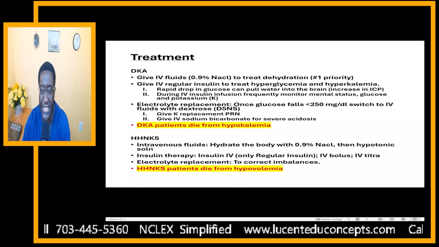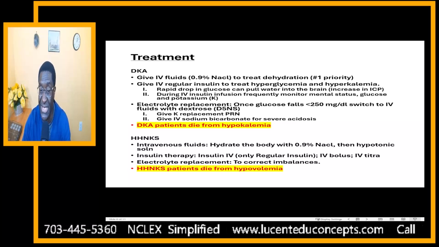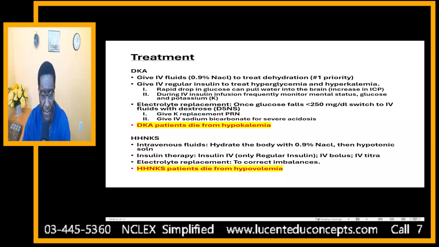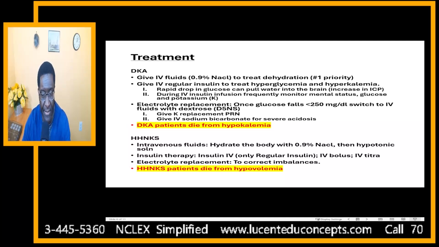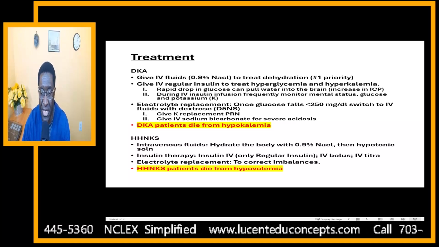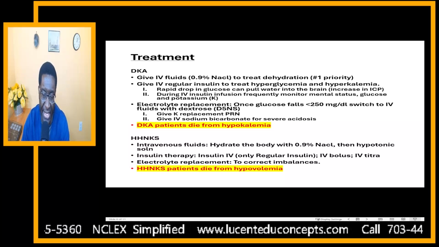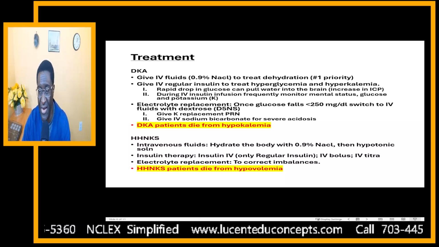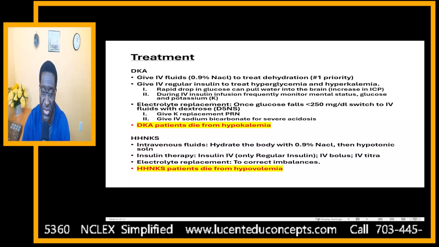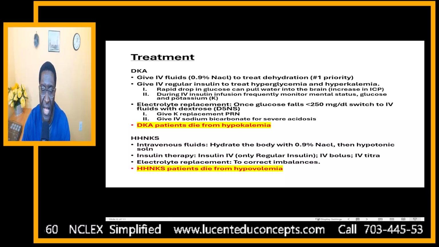So let's go to HHNKS. The treatment is almost the same as DKA. Treatment is the same. Please hydrate your patient. So we're talking about IV fluids, IV fluids, IV fluids. Normal saline is the drug of choice. And then obviously we can do some hypotonic solutions as well, but mostly normal saline.